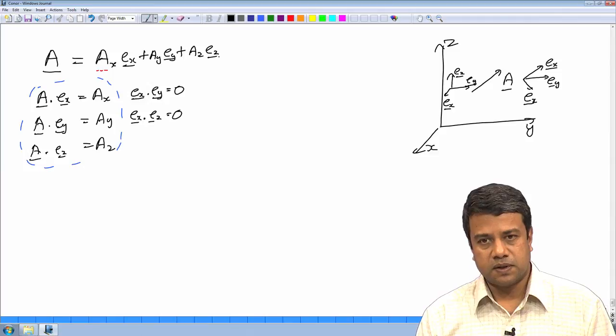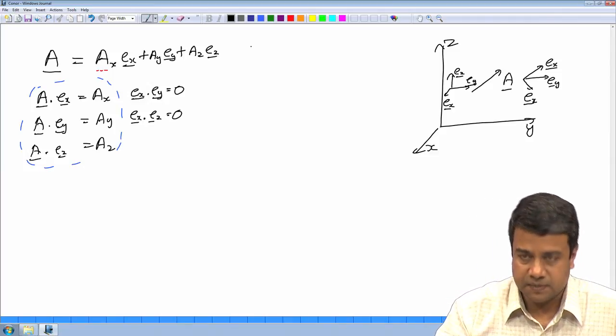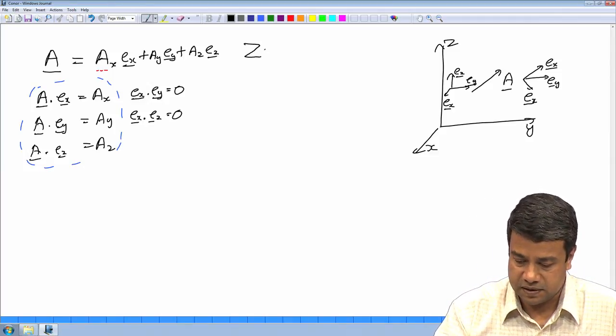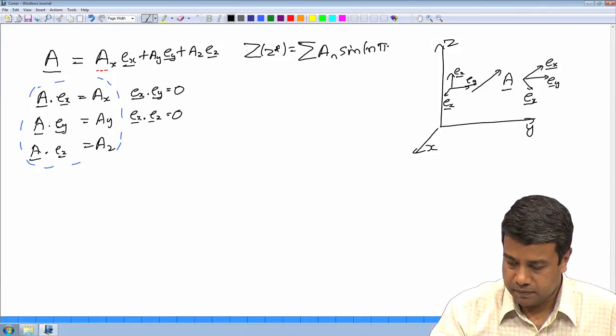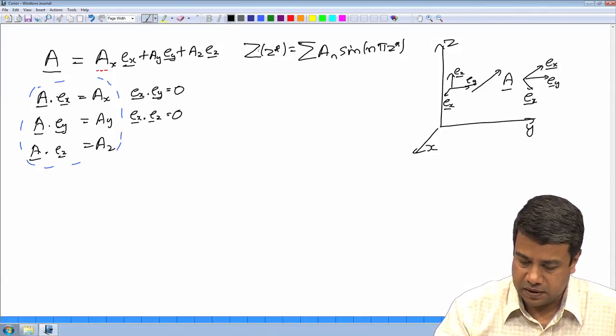Similar applies in this case, except that it is an infinite series of functions. I had z of z star, or rather the transient temperature.